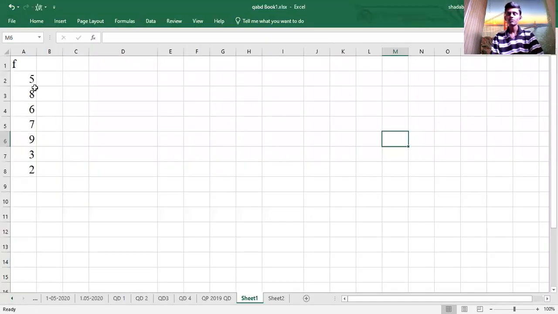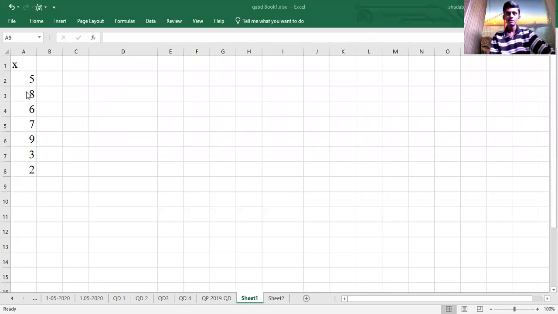Suppose, while calculating mean, the frequency and x values are given.